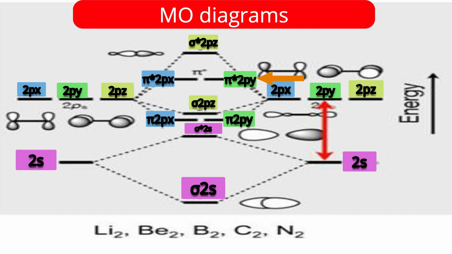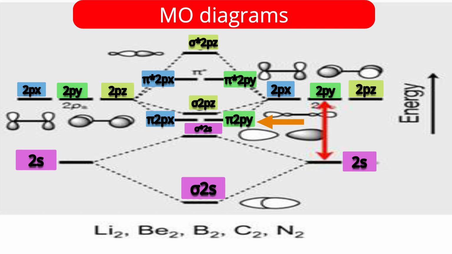The main point is that sigma 2pz is of higher energy than pi 2px and pi 2py. In the true sense, head-on interaction, direct axial interaction, should be stronger compared to lateral interaction.